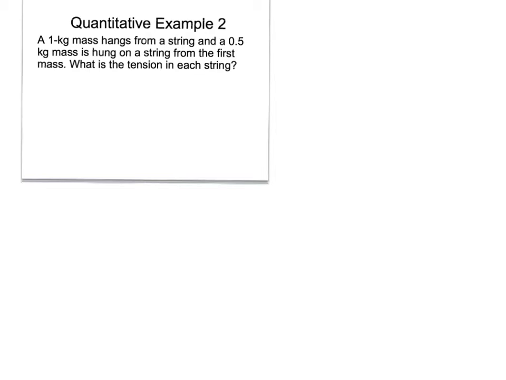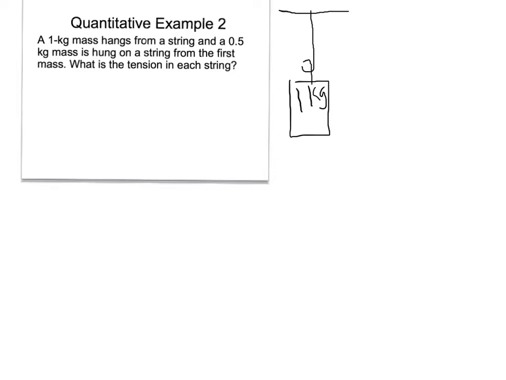Alright, next problem. A 1 kilogram mass hangs from a string, and a 0.5 kilogram mass is hung on a string from the first string. What is the tension in each string? So just like before, this problem gets easy if I draw a diagram. So, first, I have my string, and I have my 1 kilogram mass.